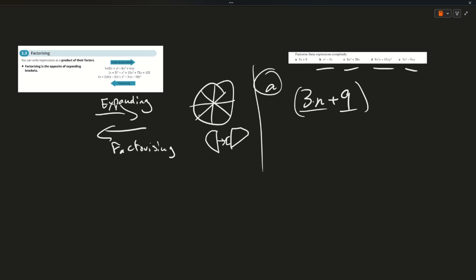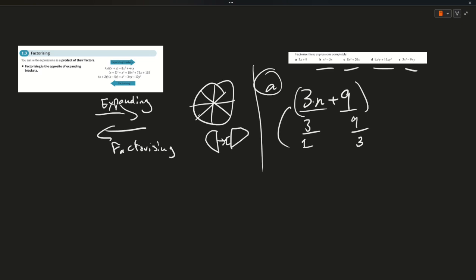So here we've got 3x and 9. I think you can quite quickly see that we've got a 3 and a 9. So both of these have 3 within them. Some number can be multiplied by 3 to get both 3x and 9, and in this case it's 1, and in this case it's 3.